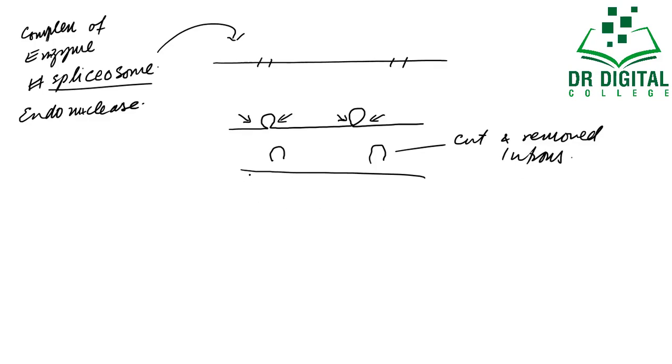Now whole of this process is very important for the proper expression of the gene. The terminology for this processing of RNA is called RNA splicing.